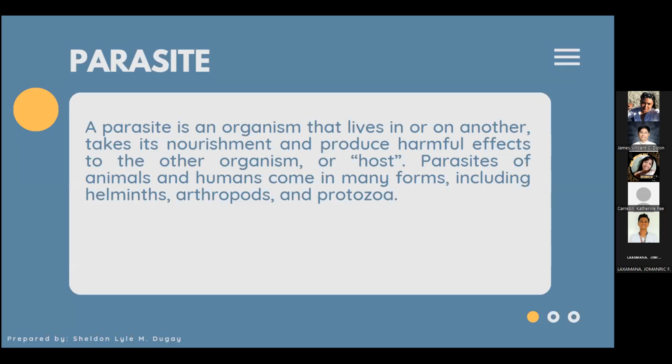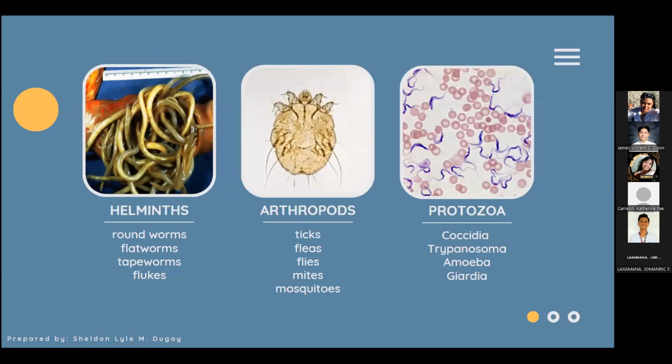These include helminths, or worms: roundworms, flatworms, tapeworms, and flukes. Then arthropods: ticks, fleas, flies, mites, and mosquitoes. And as you may recall from zoology, protozoa, which are single-celled nucleated eukaryotes, include coccidia, trypanosoma, amoeba, and giardia.